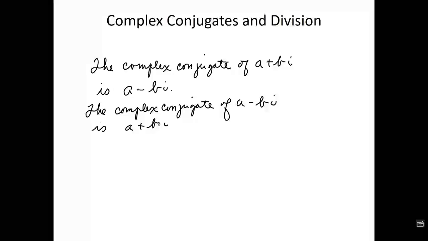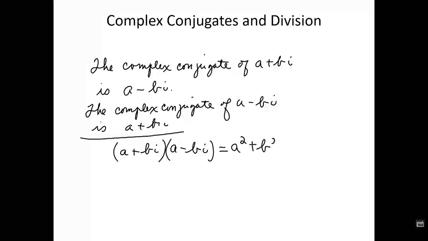And when we multiply a complex number by its conjugate, so a plus bi times the conjugate of a plus bi, which is a minus bi, if you do the multiplication here using the FOIL method, a plus bi times a minus bi, we're going to get a squared plus b squared.